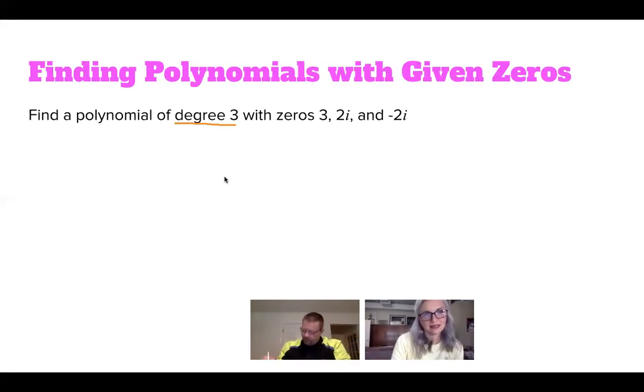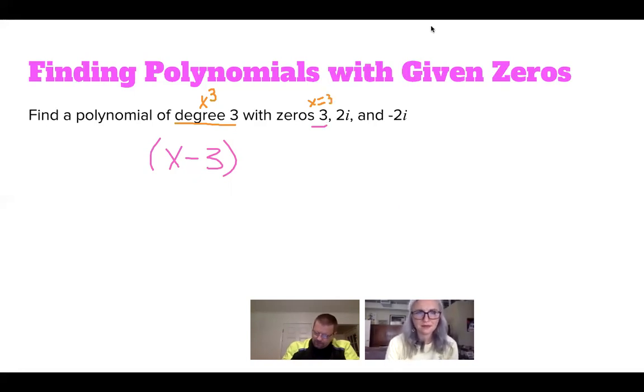There we go. So pick up your pen and annotate. It would be x minus 3 that goes with this one right here. And now the other factors, I'm going to use a different color. That's going to come from x minus 2i.